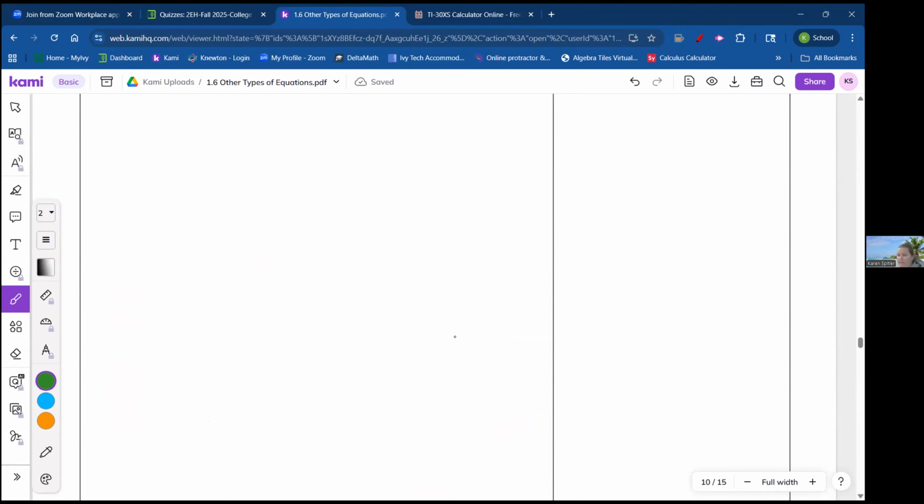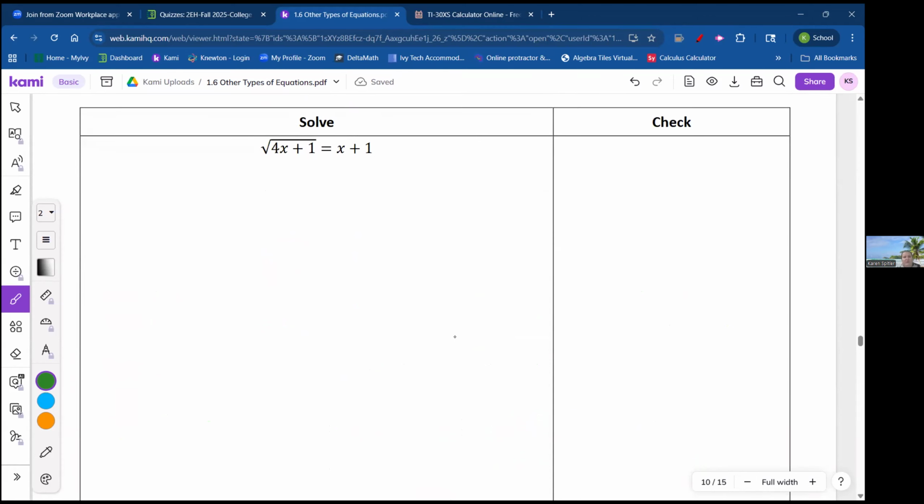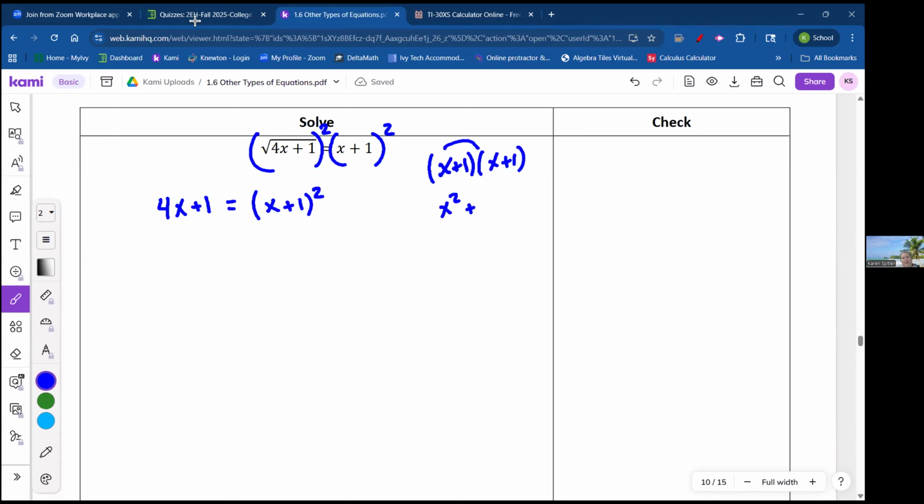Came out. All right. So let's do this one. Same thing. Square both sides. So you get 4x plus 1 is equal to x plus 1 squared, and I have to FOIL that. So x plus 1 and x plus 1, x squared plus 2x plus 1.